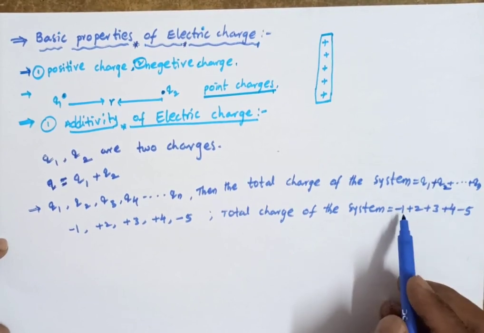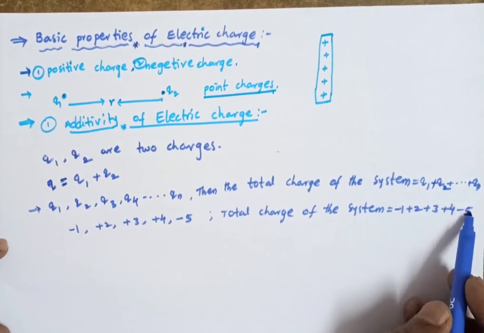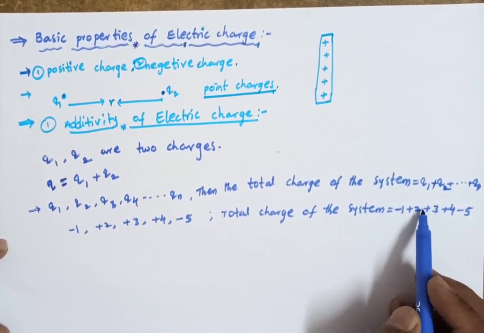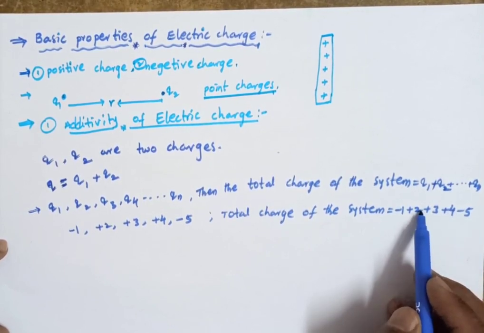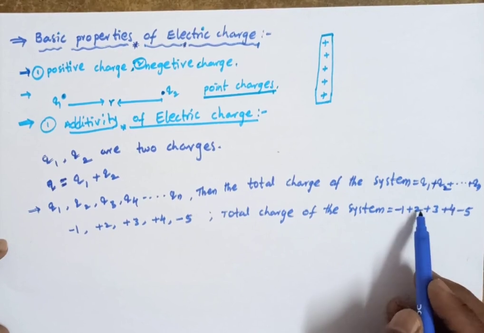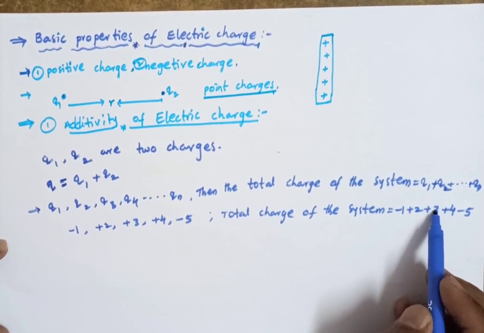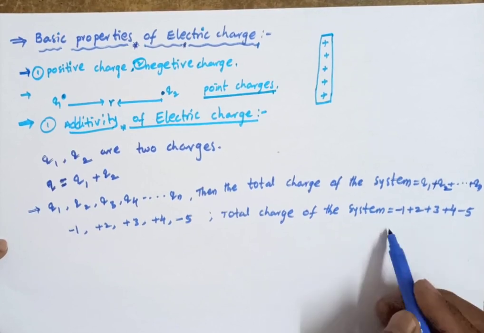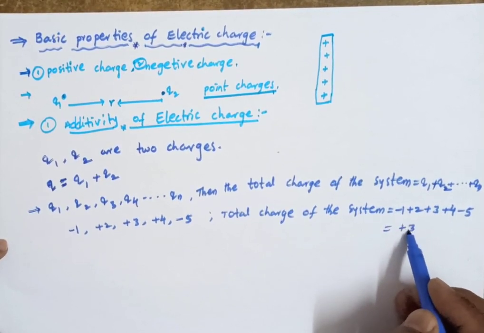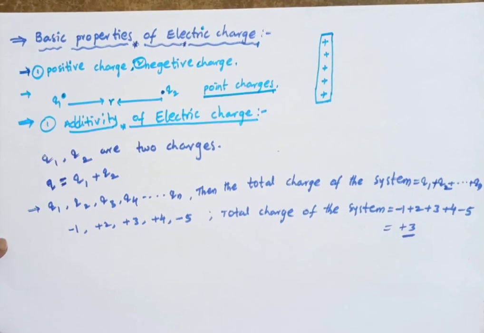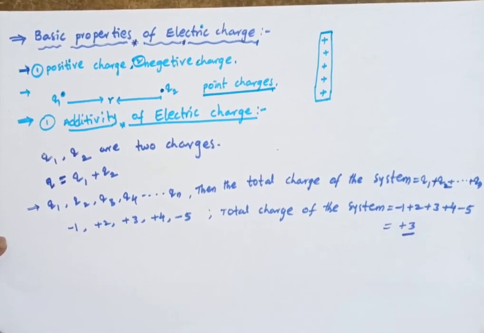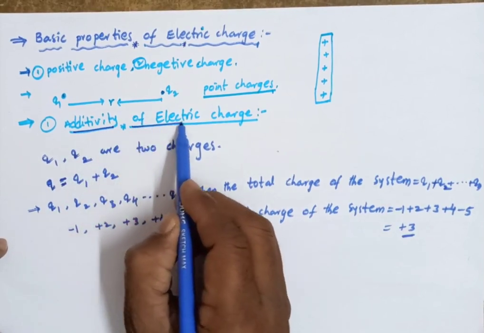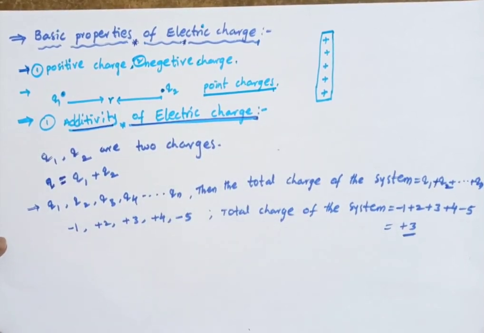Here, -5 minus 1 is -6, plus 7. 2 plus 4 is 6, 6 plus 3 is 9, 9 minus 6 equals plus 3. The charge of the system is plus 3. So this is the additivity of electric charge of the system.